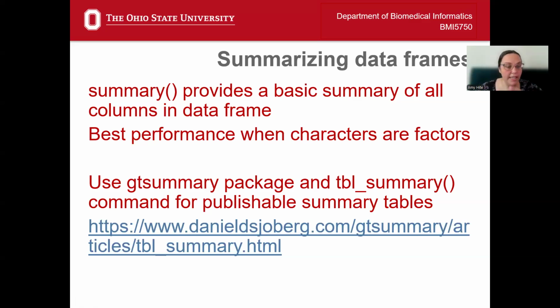If you want to get a summary of your data in a publishable format, check out the gtsummary package. It's pretty easy to use, and the tbl_summary function will summarize whatever columns you want. It will even group them for you.